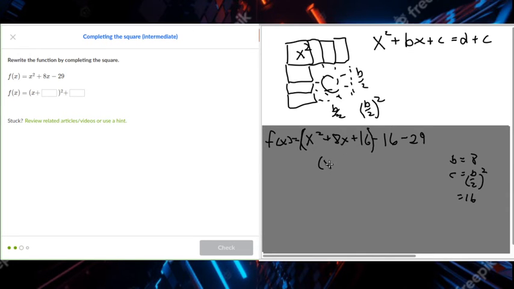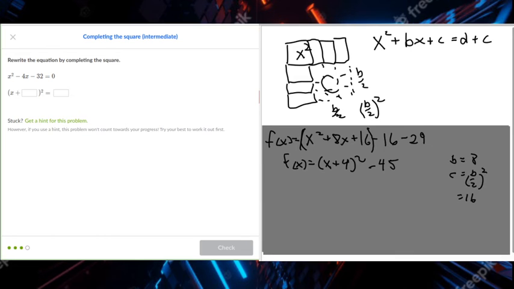So I have x plus 4 squared minus 16 minus 29 is minus 45. So my f of x looks like f of x equals x plus 4 squared plus negative 45, or minus 45.